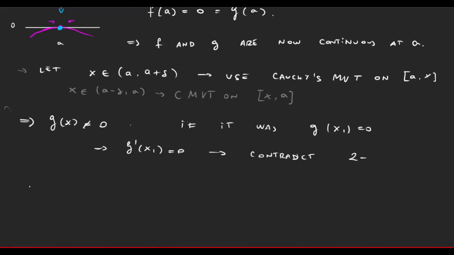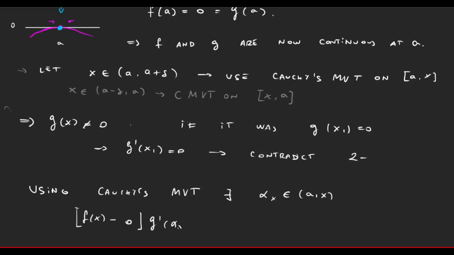So now, using Cauchy's mean value theorem, we know that there exists some number alpha x, a number that depends on x, in the open interval a, x, such that f of x minus 0 multiplied by g prime in alpha x is equal to g of x minus 0 multiplied by f prime in alpha x.